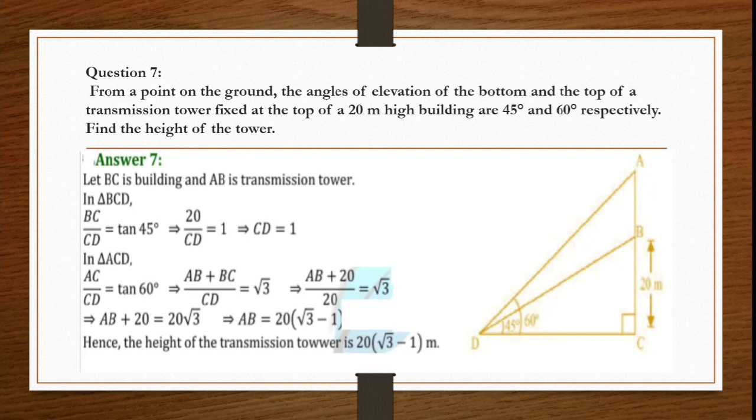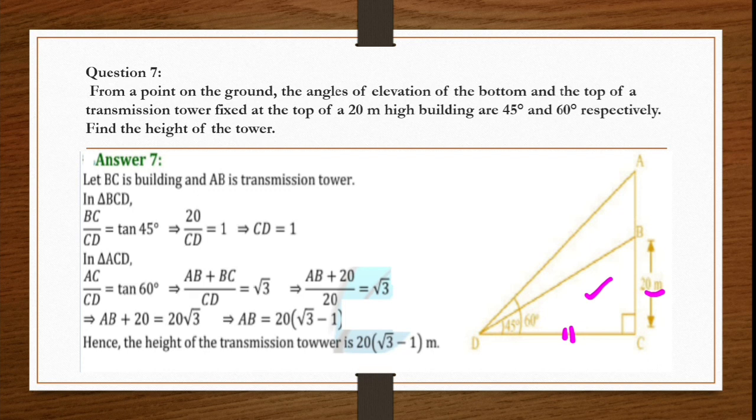How? Look here, if you take triangle BCD, that means the smaller one, the value of BC is given, which is 20 meter. And this side CD is common for both triangles BCD and ACD.